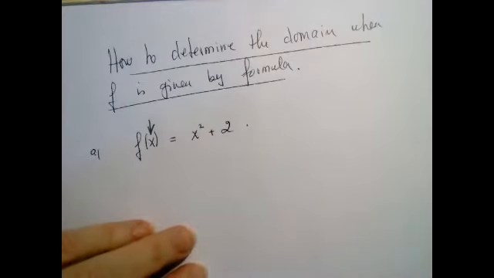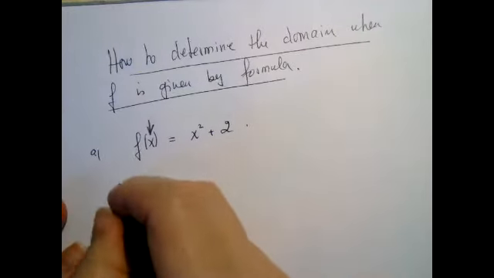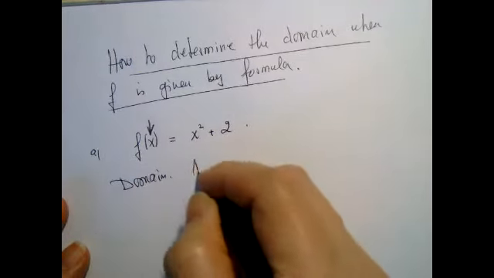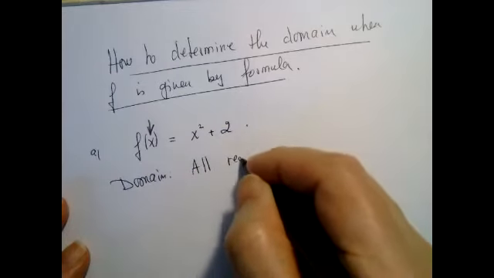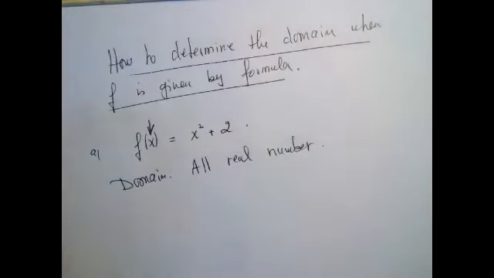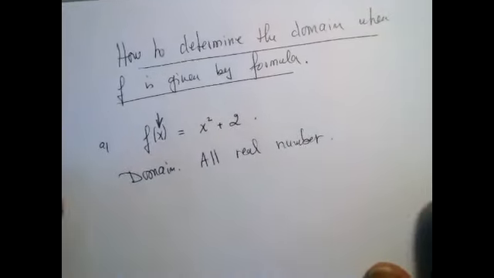Yes or no? Yeah. So the domain here is going to be all real numbers, because I can put anything for x and f of x will be a number. I don't have an issue with that.